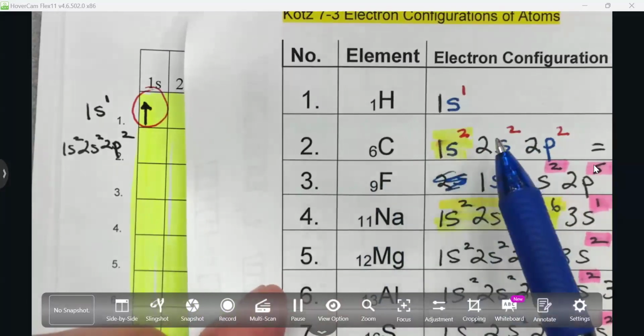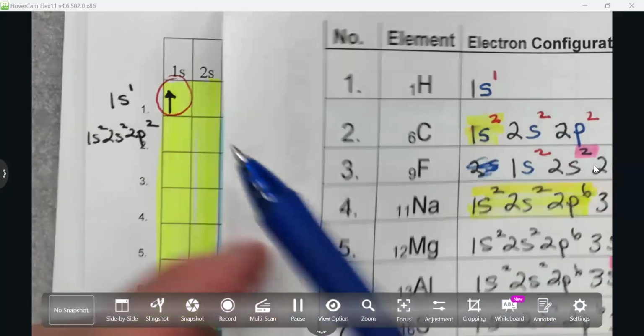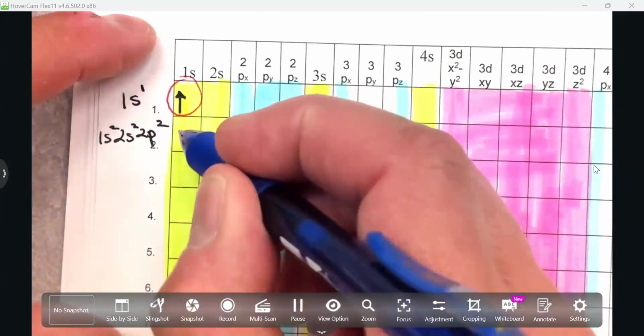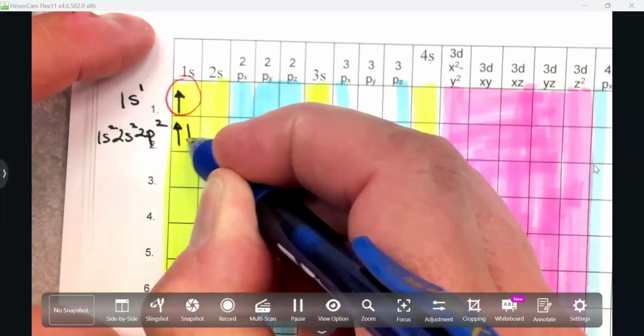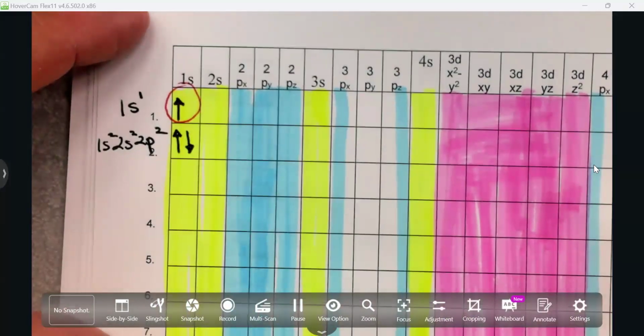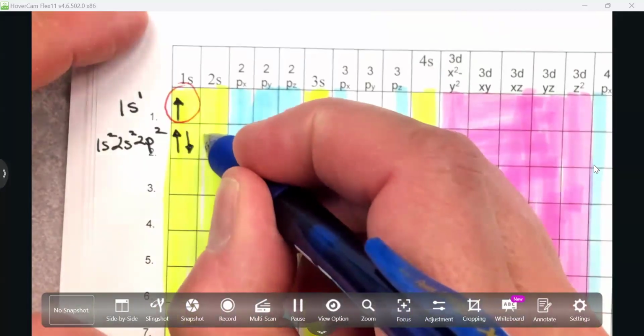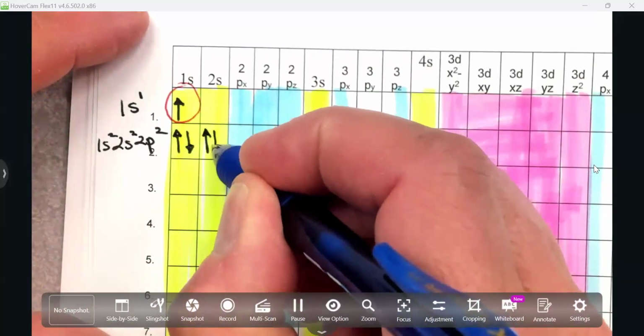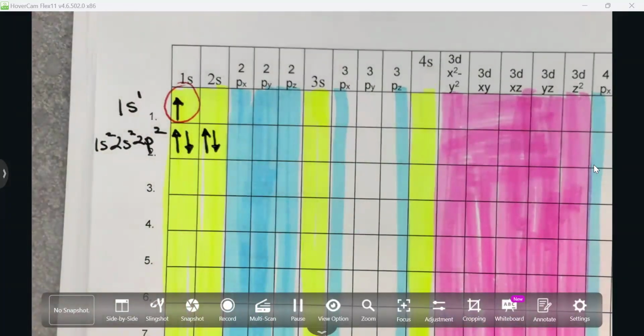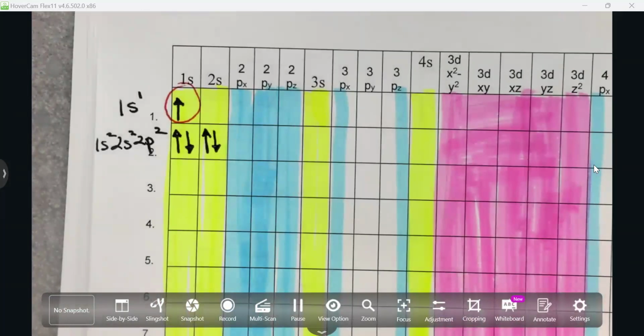So we got 1s2, 2s2, 2p2. If I have 1s2, one's going to be spinning up, the other one's going to be spinning down. There's my 1s2. My 2s2 is the same way. Now, don't get ahead of me. You'll be frustrated. So that's my 1s2, 2s2.